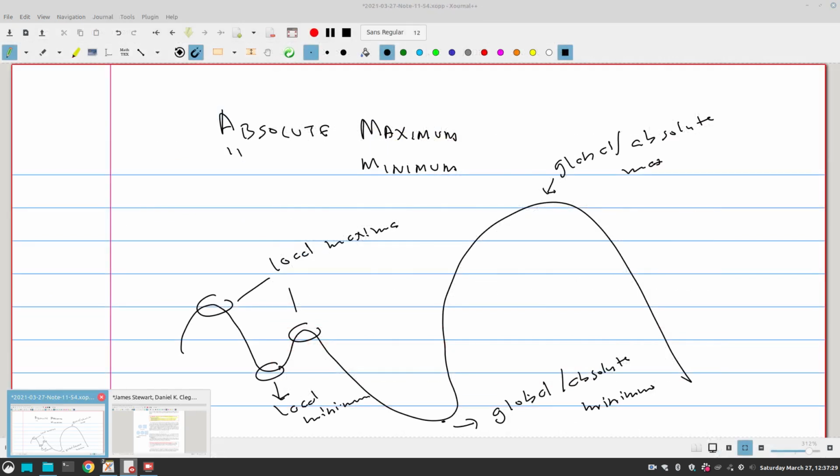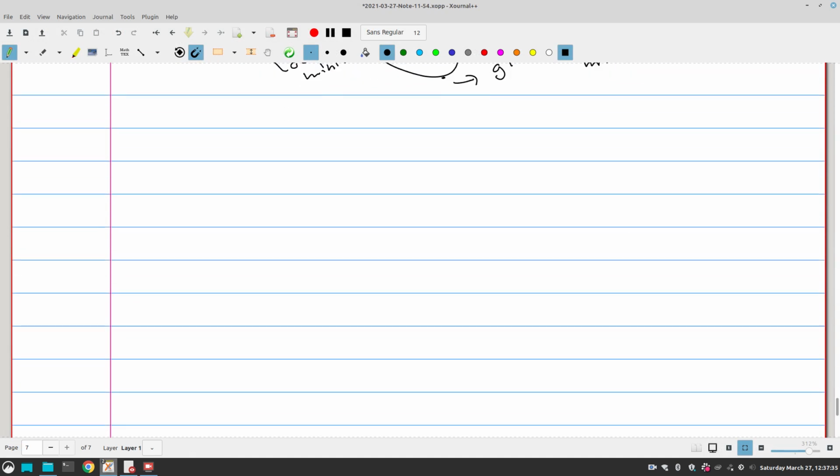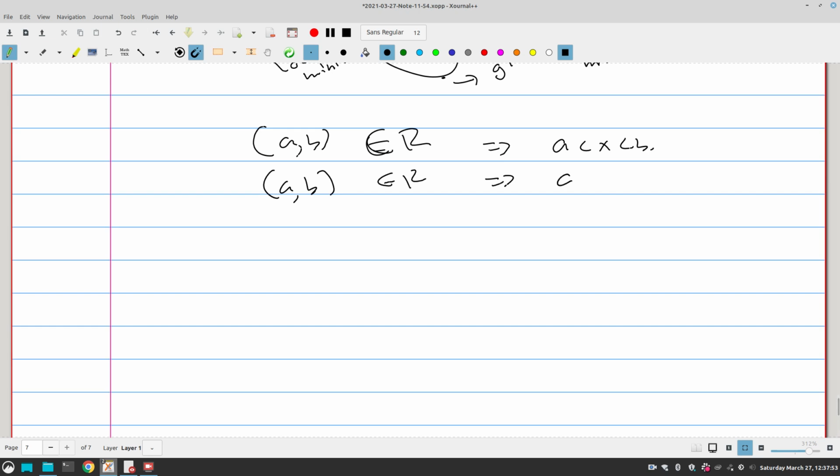If you recall from functions of a single variable, you have an open interval ab of R. You could have it open at one end, or you could have it closed, open interval.